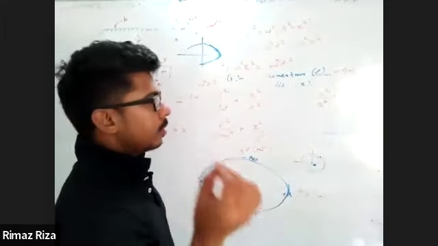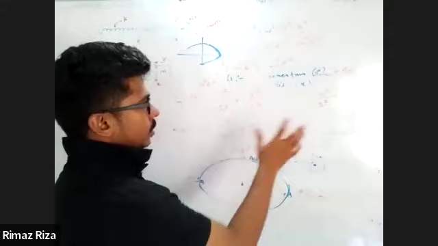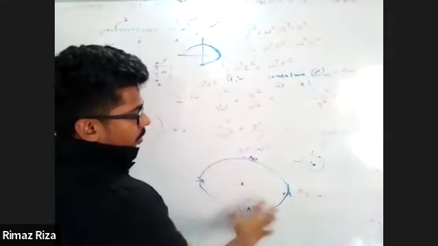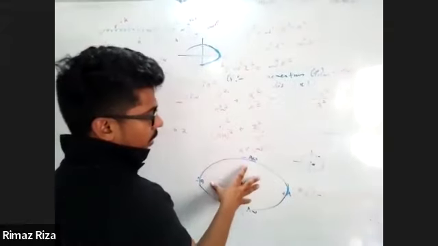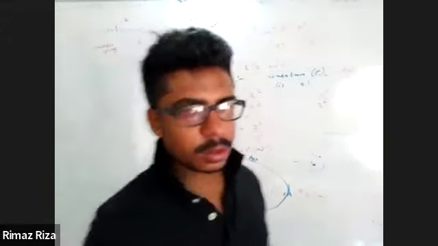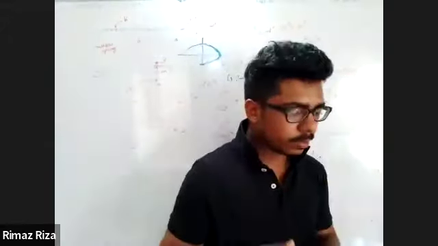I'll give you a small hint. To answer this question, you have to understand the velocity graph. You have to use this knowledge, and you should know the relation between velocity and momentum.